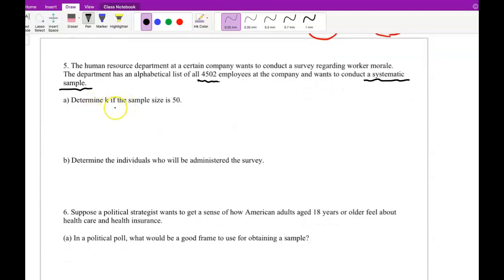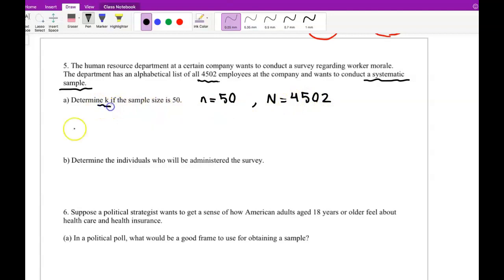Part A, determine K. The sample size of this part is given: sample size is 50, and the population size is 4,502.